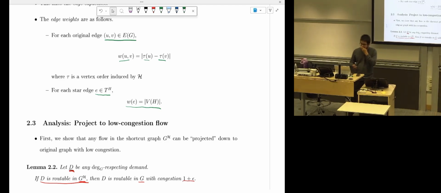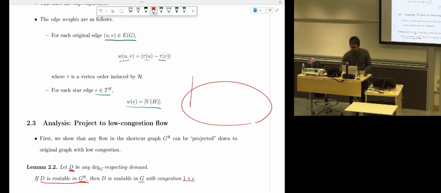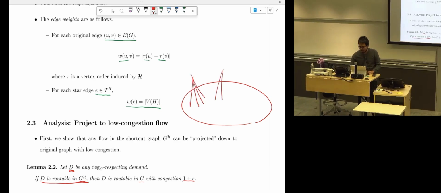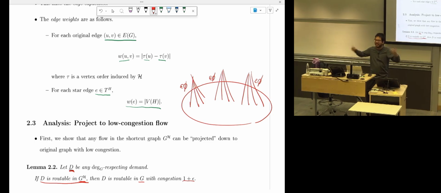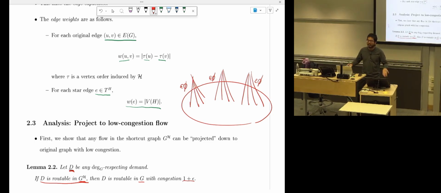And actually, if I have many stars, but suppose that all the stars are disjoint, and the capacity scale is 1 over phi, the proof that we just saw lets you forbid all of them simultaneously. And the congestion would still increase by only epsilon in total, although we forbid many disjoint stars.